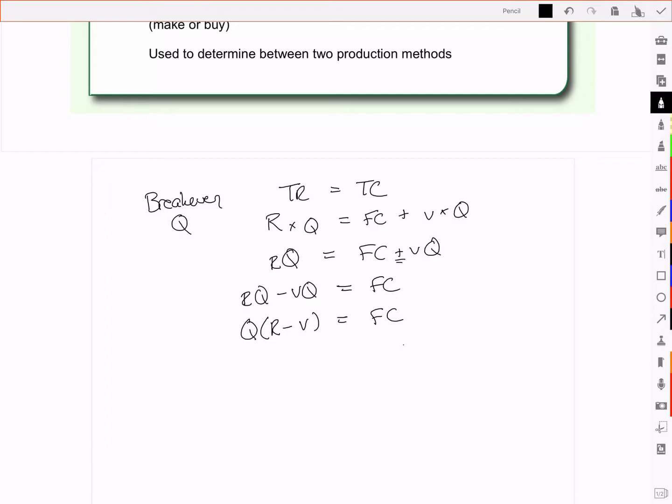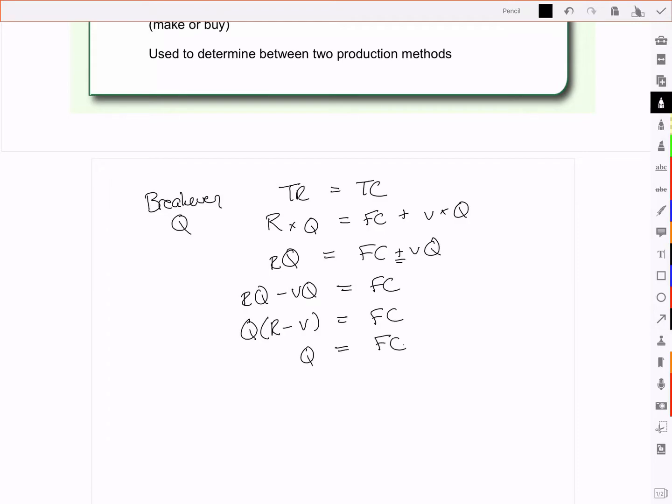So in other words, we can take the difference between the revenue per unit minus the variable cost per unit and multiply that times the quantity, and that will be equal to the fixed cost. So now we want to get quantity by itself. Well, notice that Q is multiplied times that revenue per unit minus the variable cost per unit. So we can then get rid of it by dividing by it.